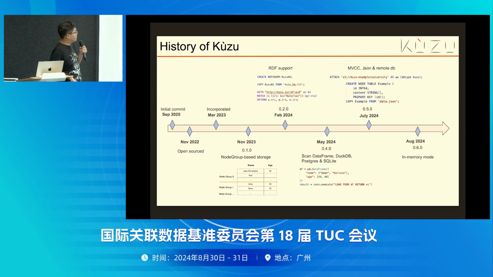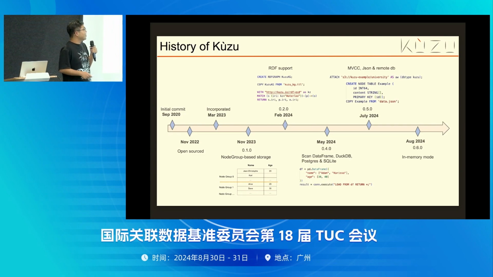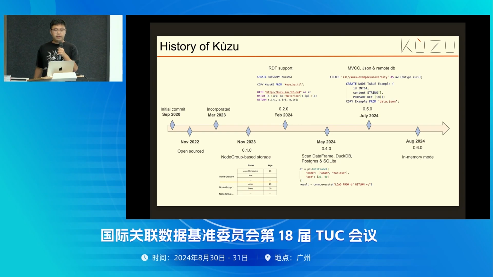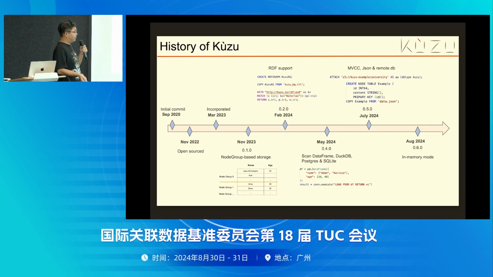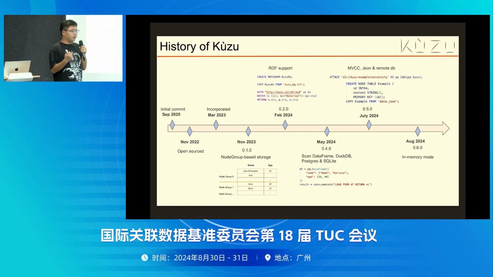You can see in the past several months this year, we have delivered some major releases with interesting features like native RDF support that allows you to query RDF data with the Cypher query language. We also have better integration with the Python ecosystem that allows you to scan data frames natively, and better integration with other relational systems that allows you to scan tabular data natively.